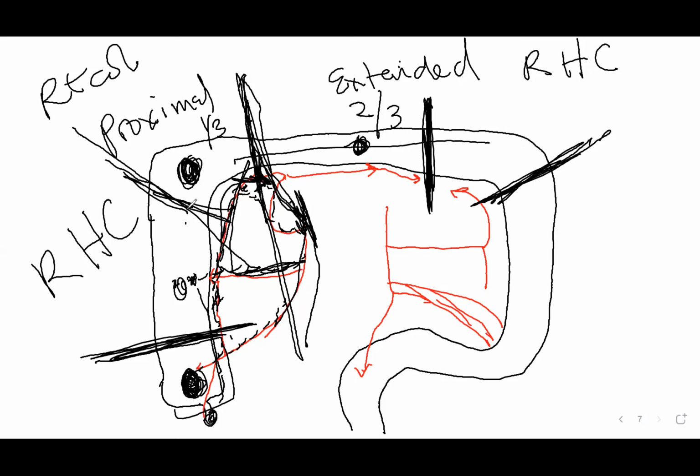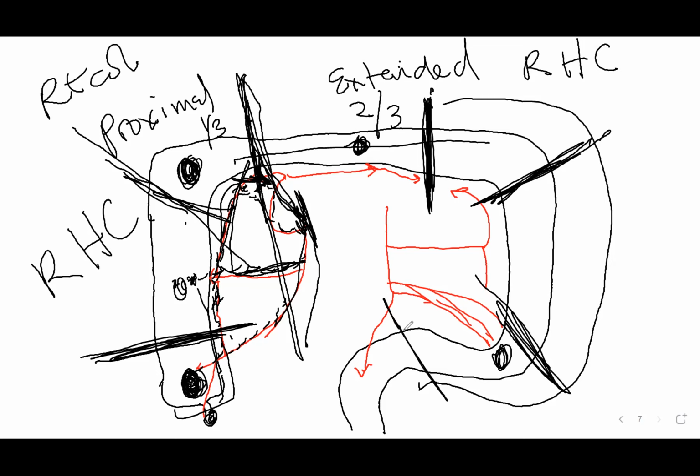splenic flexure. If the tumor is in the descending colon, you do what is called left hemicolectomy, okay, up to the proximal 1/3 of the sigmoid. If it's in the sigmoid colon, you do sigmoid colectomy because its branches are separate.